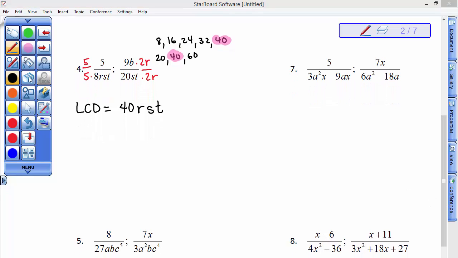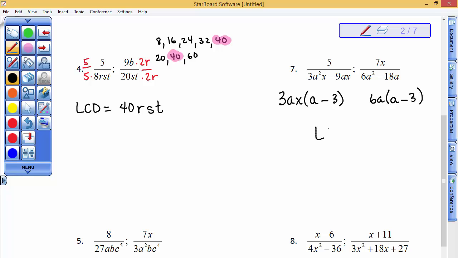So let's see here. You've got to factor the denominators only. So a 3ax is the greatest common factor. I'm going to pull out a 3ax, and then I'll need an a here, and then I'll need a minus 3 here. The greatest common factor here is a 6a, and then I'm going to need an a minus 3.